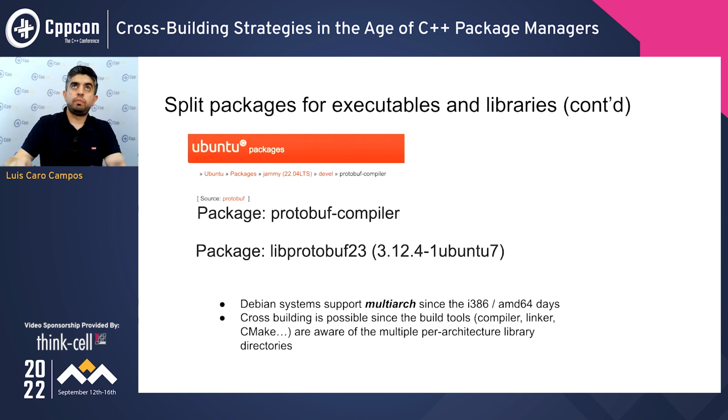And both the native toolchain and CMake, if I'm not mistaken, are aware of this. So when you're cross-building, they will use a different suffix for the libraries, right? So it can still work, and you'll find the right executable that you need to run during your build, and use the right library as well to link against. So this approach may not always work, and that's what I'm going to discuss next.